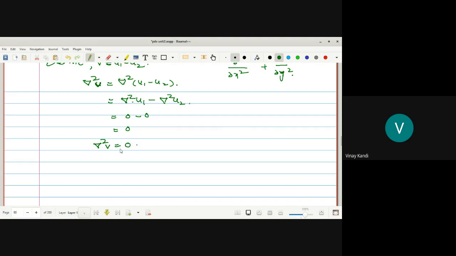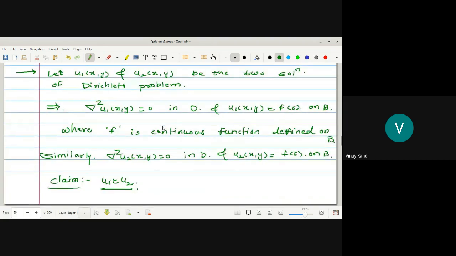Give it equation number 3; this one is equation number 1, and this is equation number 2.